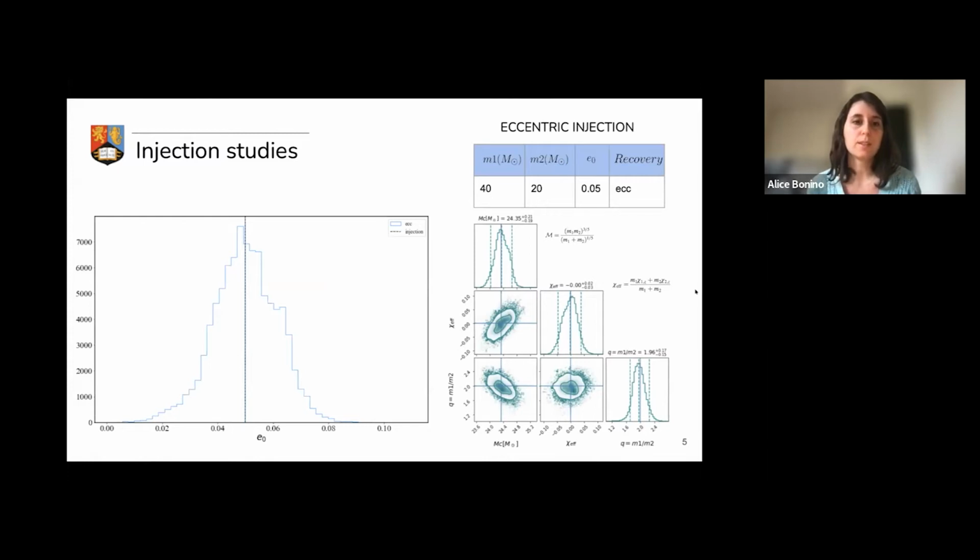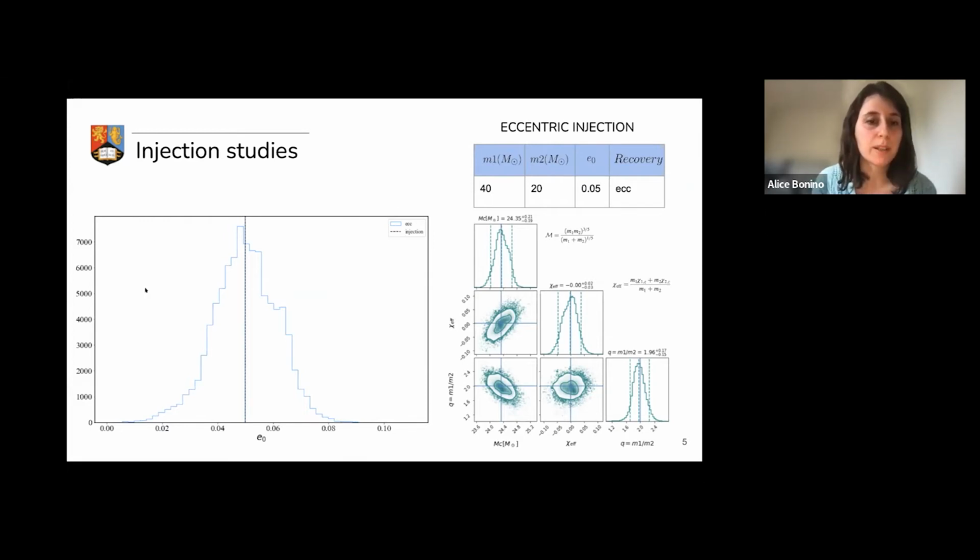So now I'm going to show you some results. I performed some injection studies, which means that I use a mock signal, not real data, so that I already knew which parameters I was injecting, and I wanted to see if the recovered parameters were the same.